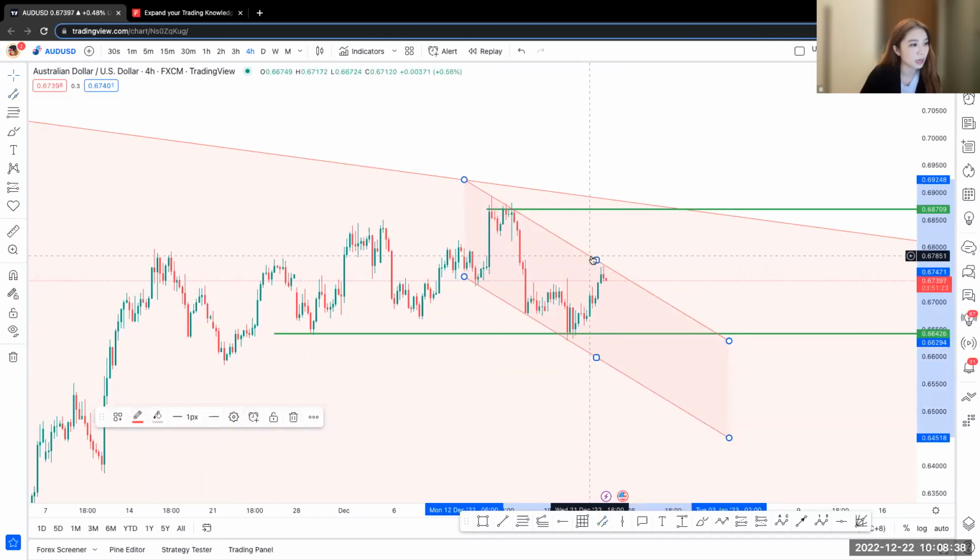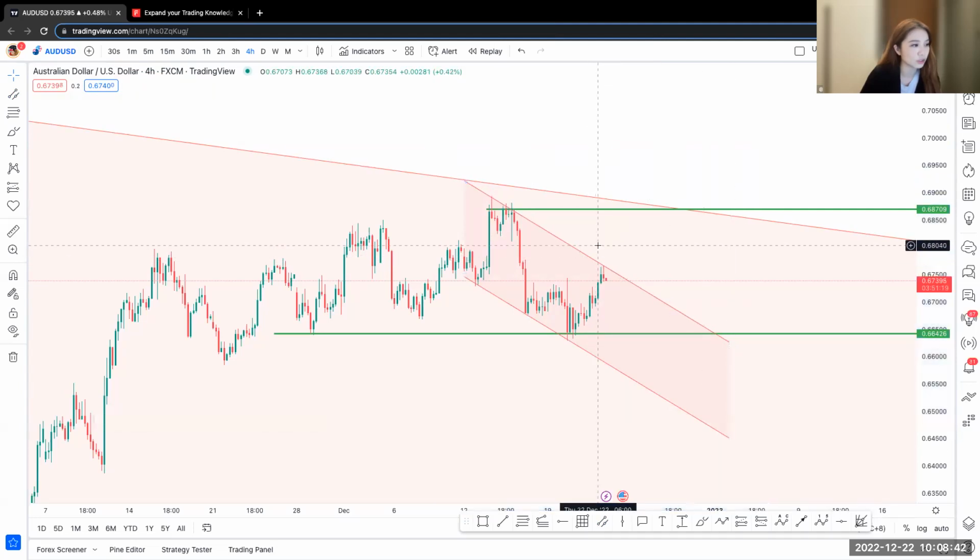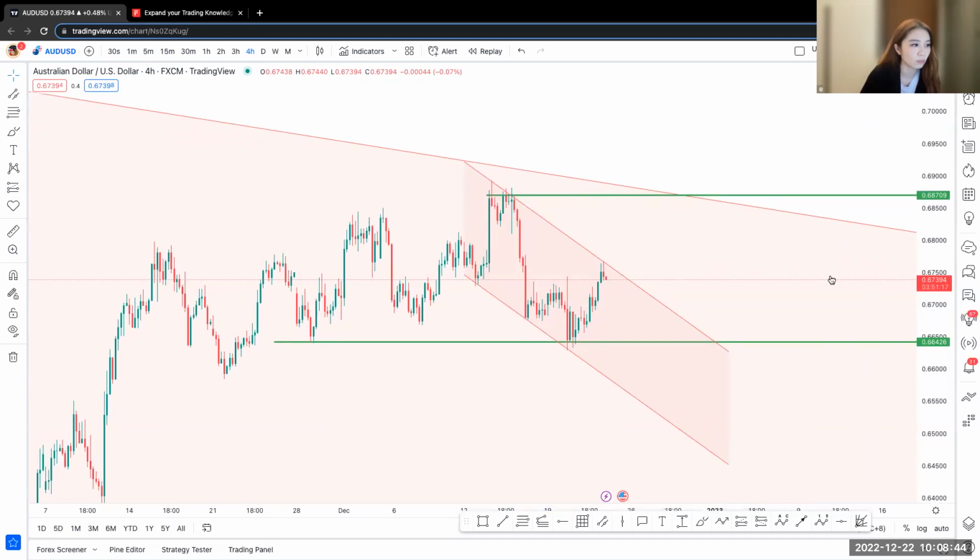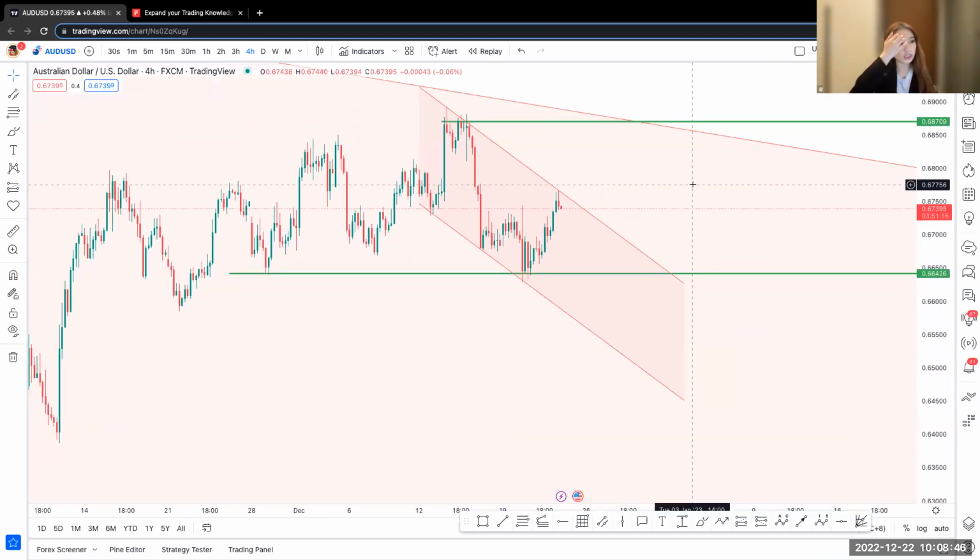Amongst the downward moving channel, we have a bigger downward moving channel on the H4. As much as we are looking at a potential bounce from this support of 0.66426, I'm actually more inclined to see that there is a chance where price could also go with the bigger trend, looking at a downward fall.